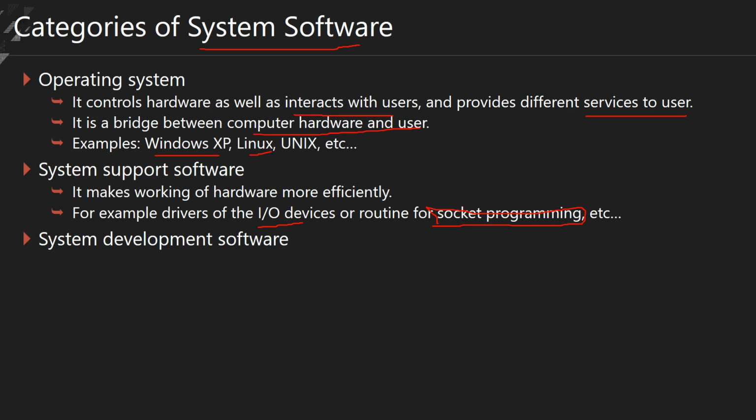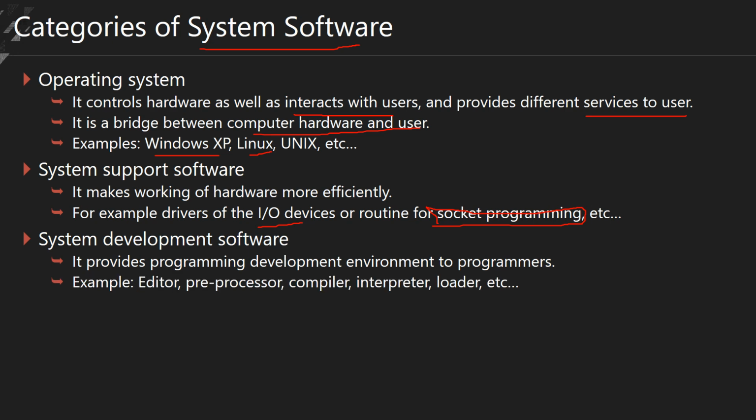Then there is another category called system development software, which provides the programming development environment to programmers. The examples are editors, preprocessor, compiler, interpreter, loader. Where you want to write a C program, we need to have an editor, Turbo C or any editor, and a compiler.